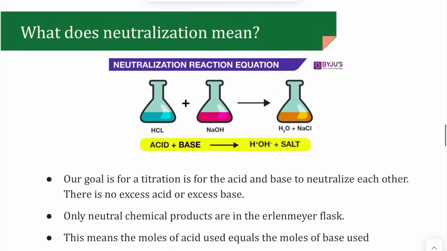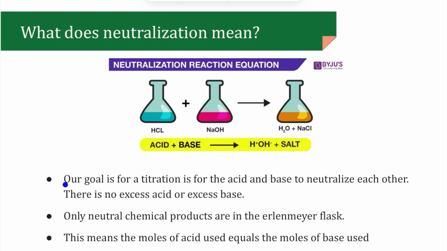So we discussed why we do titrations, and our goal is to neutralize an acid with a base or vice versa. And so what does neutralization mean? With our acid-base reactions, we have an acid plus a base, and that is making those neutral products.